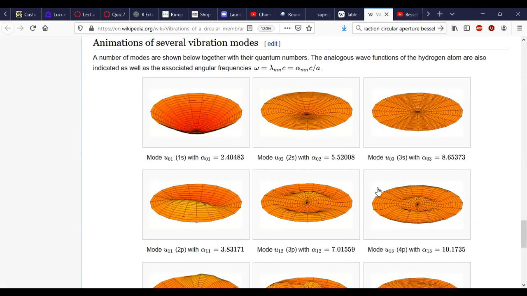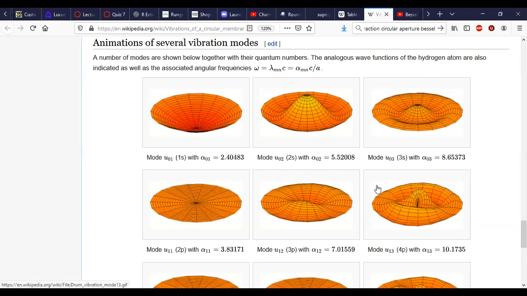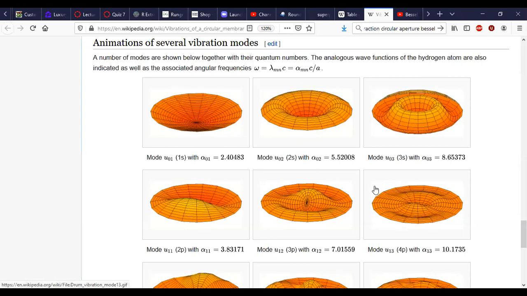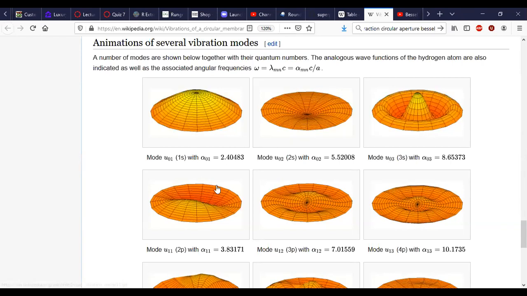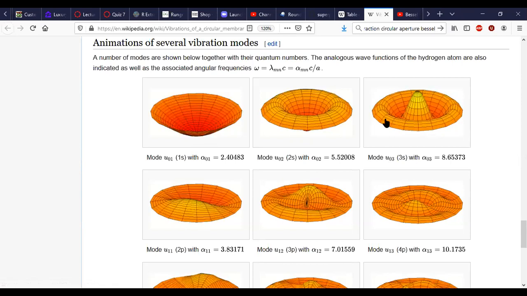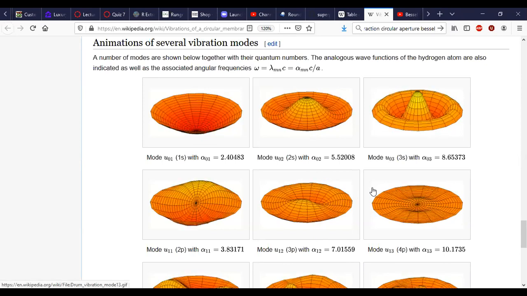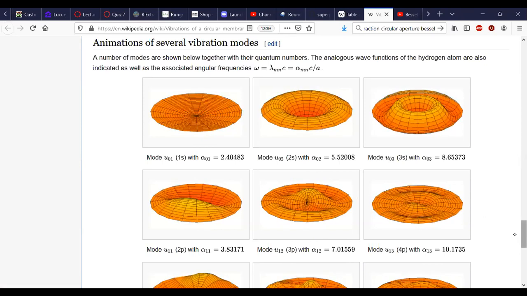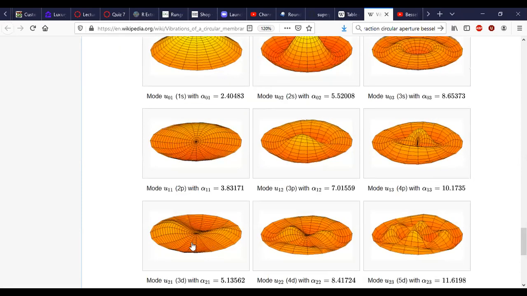If you hit a drum and it produced a pure tone, have you ever listened to a sine wave generator hooked up to a speaker? It's not musical. It's a terrible sound. And drums aren't the most musical instruments, but clearly they don't sound like that. So if I hit a drum a little bit off center, I'm going to excite multiple modes, even if I am on center. The real answer is that there's some mixture of all of these in the sound of a drum being struck, including these cool higher modes.